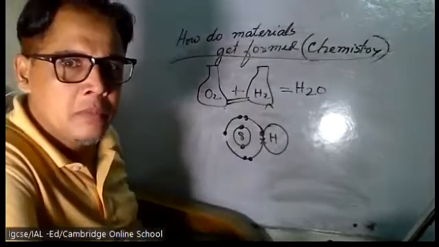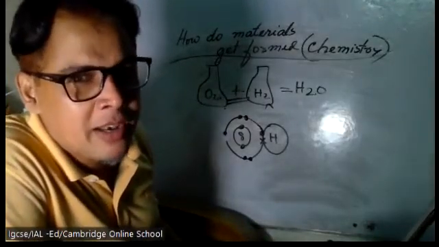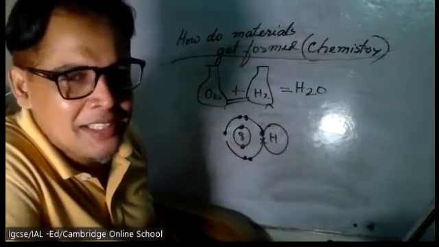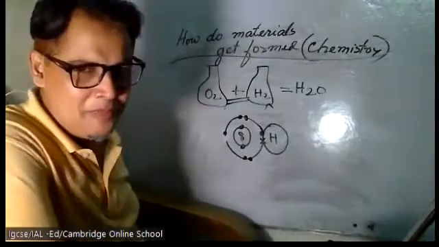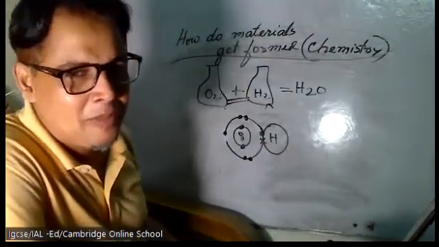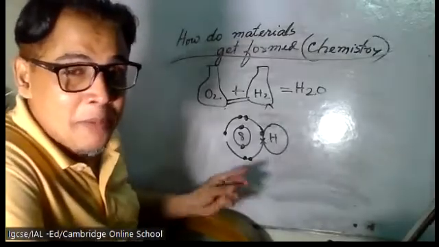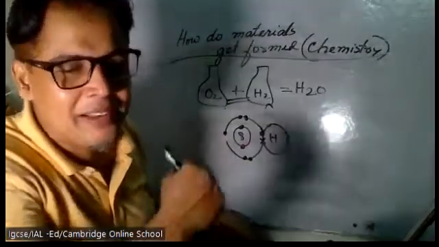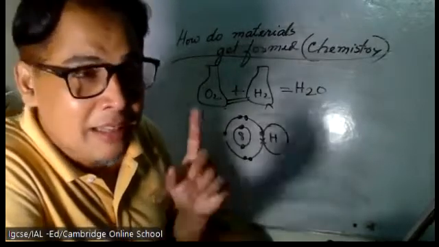Oxygen is telling, hey, you know, there is a natural tendency. What is the natural tendency, Baba? At the time of getting formed, every atom likes to be 8. This is not my talk, Baba. This is the natural situation.